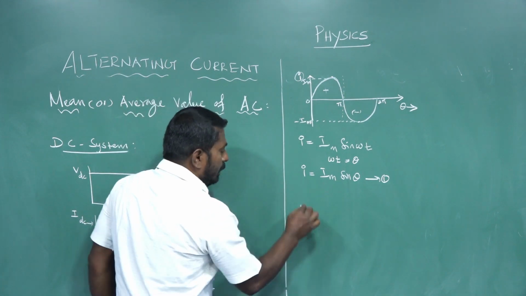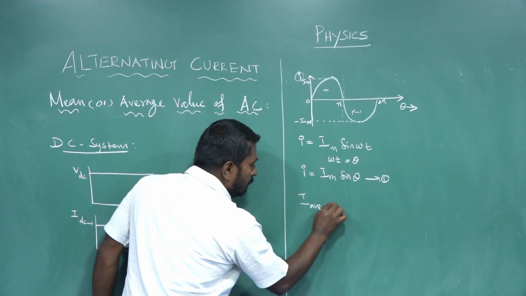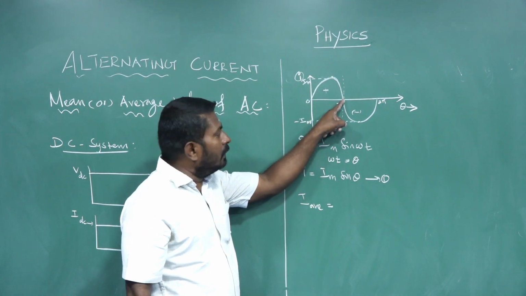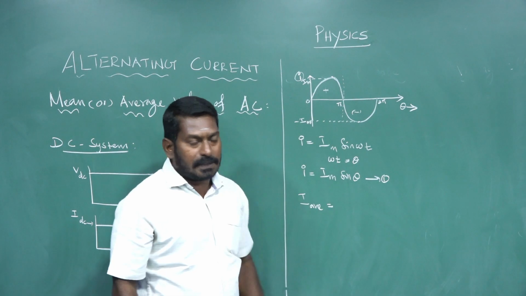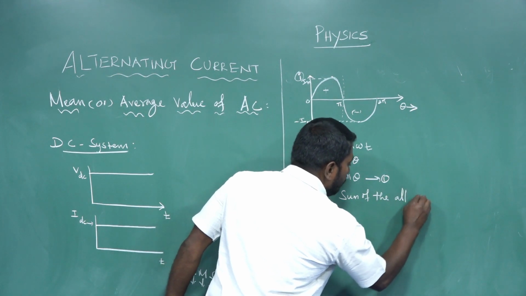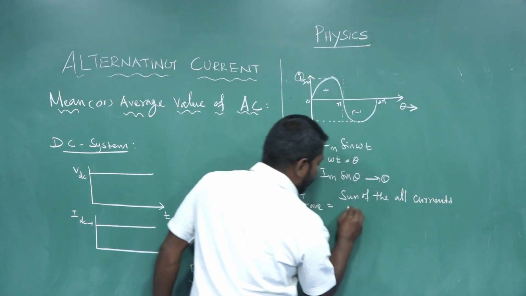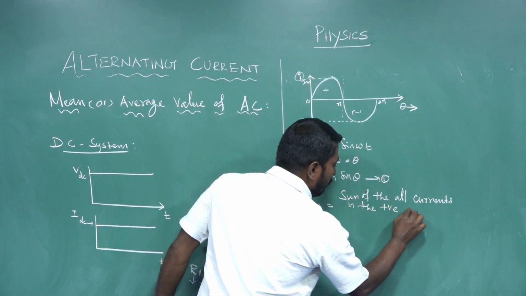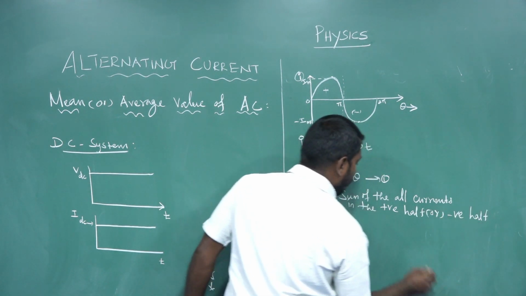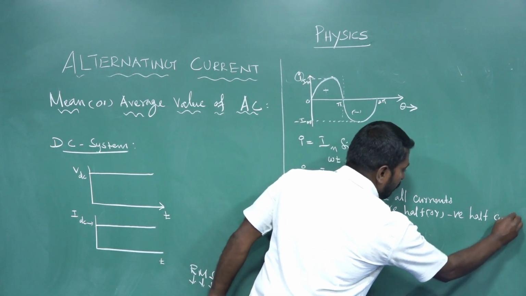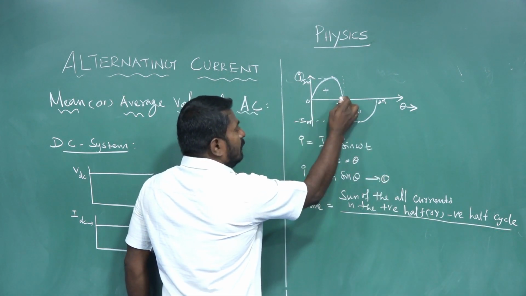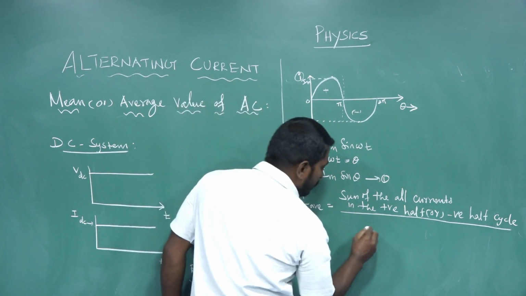The average value of alternating current, I average, is equal to the sum of all currents in the positive half cycle or the sum of all currents in the negative half cycle, divided by the base length of the positive half cycle or negative half cycle.